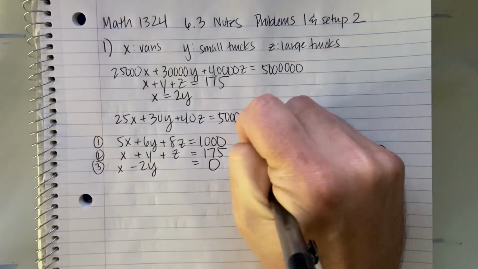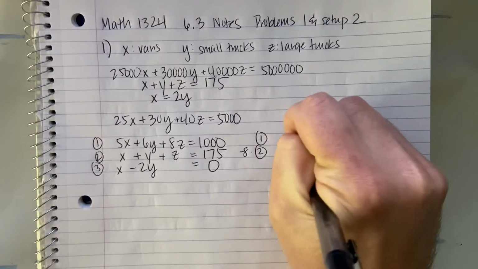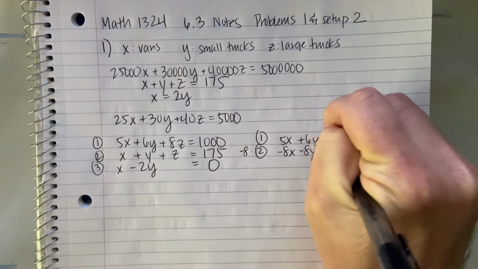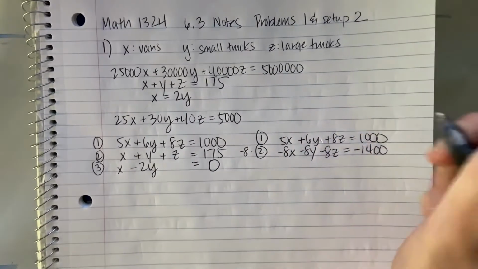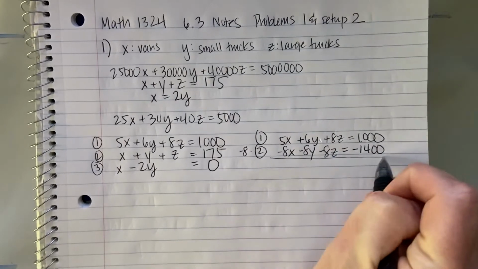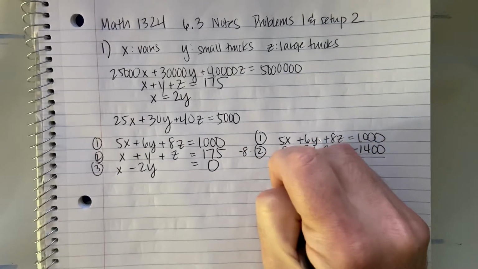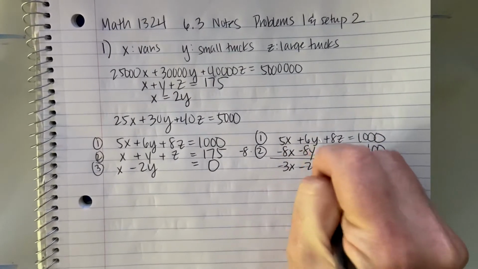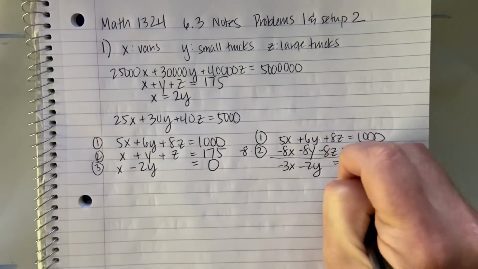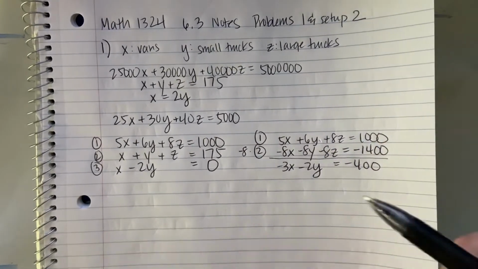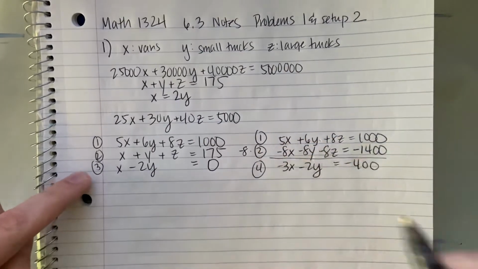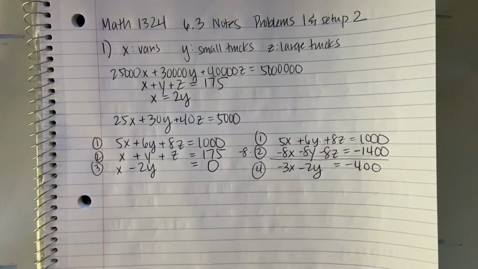I'm going to pair it with equation 1, which is 5x plus 6y plus 8z equals 1,000. Now, when I add these two together, I get -3x minus 2y, z's are gone, equals -400, which I'll call equation 4, to combine with my equation 3.